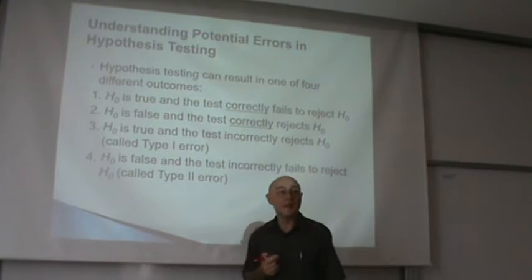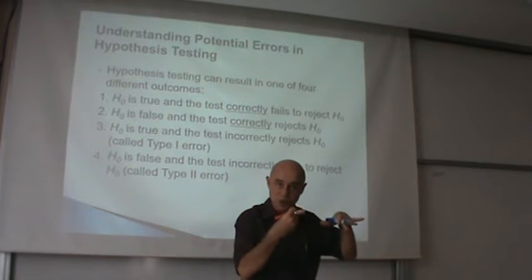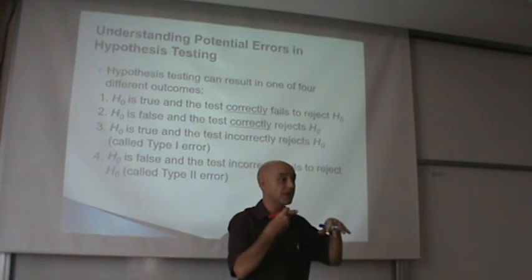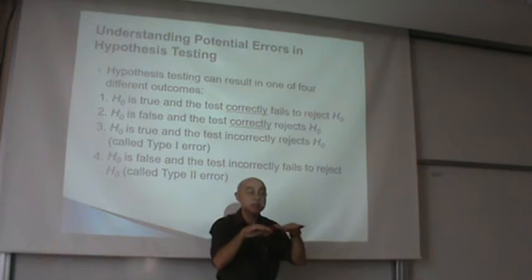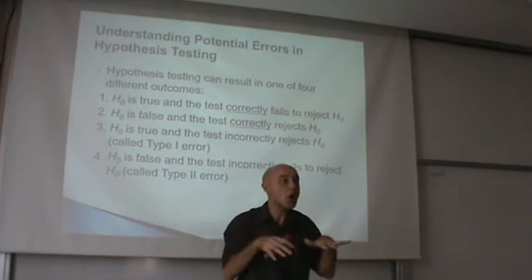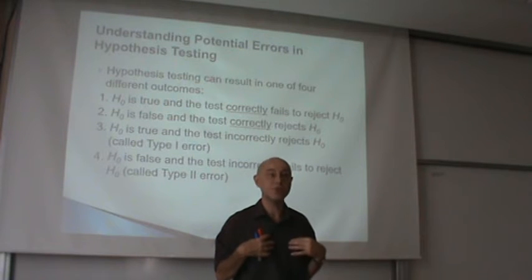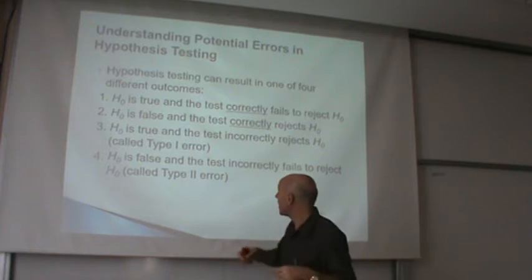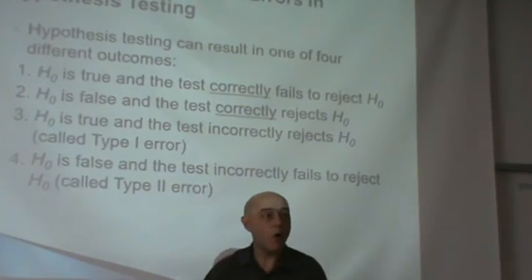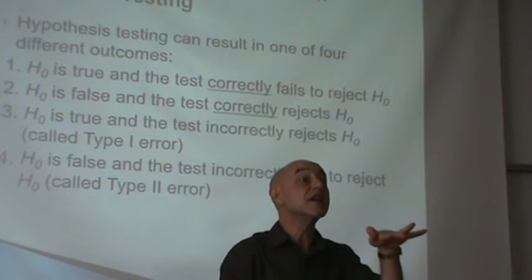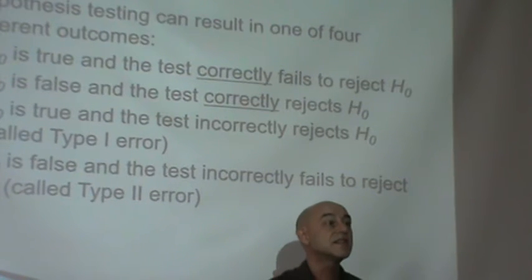Let's see. You have a medicine, a pharmaceutical drug that people take, and the null hypothesis says that the drug does not hurt your health, is not damaging you. Well, here, type 2 error means that the drug is actually damaging, but the statistical test didn't tell you that.